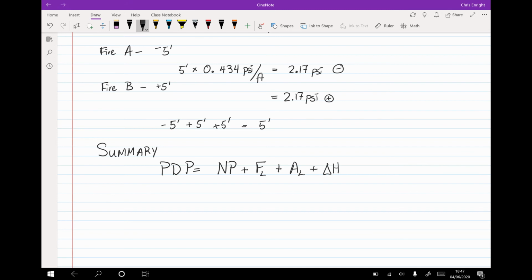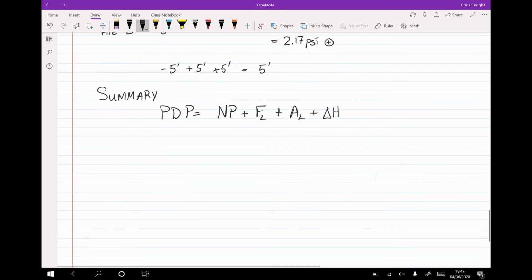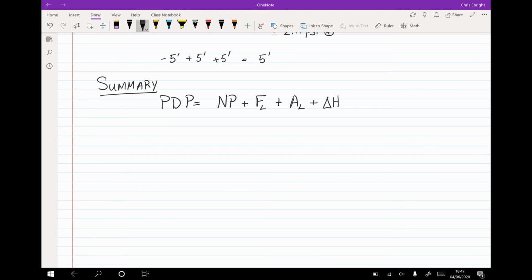That change in height obviously multiplied by 0.434 psi per foot. So keep that equation in mind. We'll go through a couple of examples.